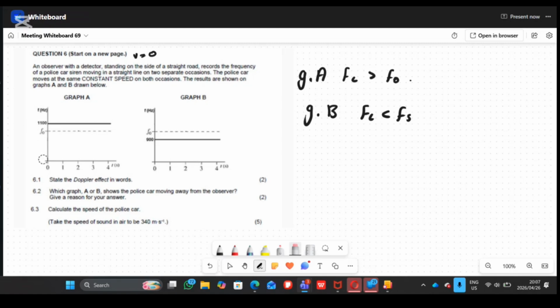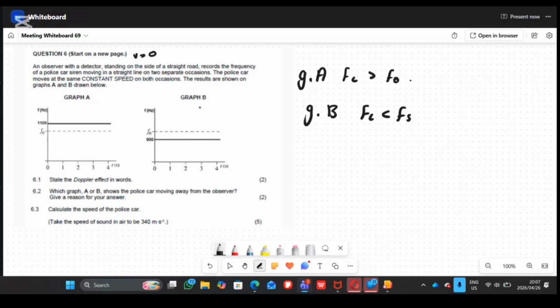I think it's B. We need the reason. The frequency of the source is greater than the frequency of the listener. Yeah, that's correct. It's number B.